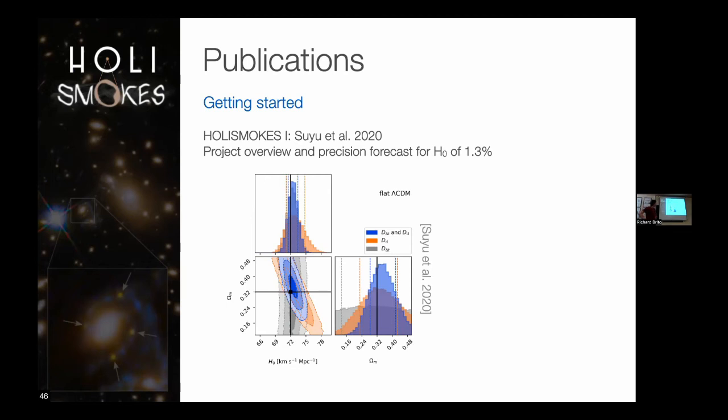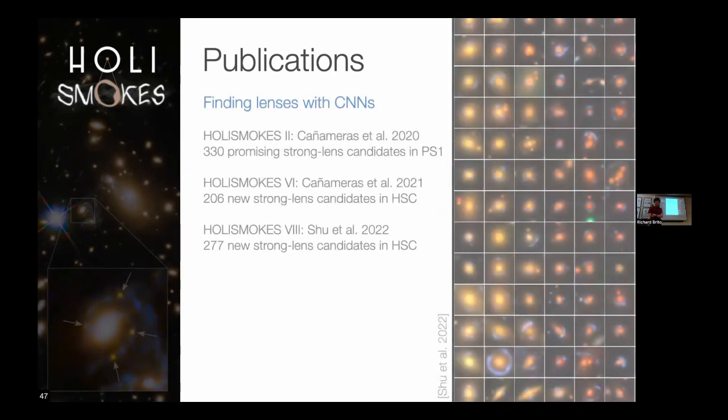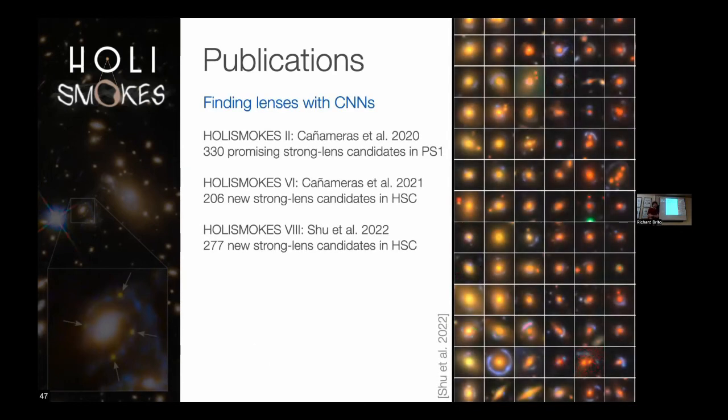So HOLISMOKES 1, the first paper of the series, is basically a project overview and some simulation, some estimation of the precision on H0 that we can achieve with that. Then there is a series of 3 papers around lens search so that we can increase our lens catalogs that we can cross-match the new transients with. All of this is based on convolutional neural networks.